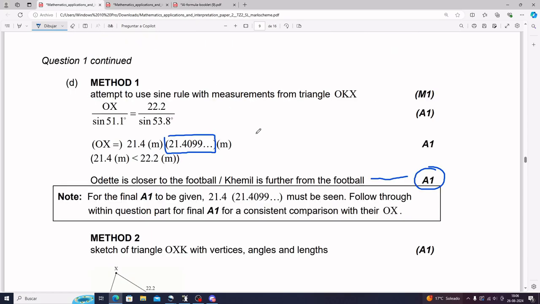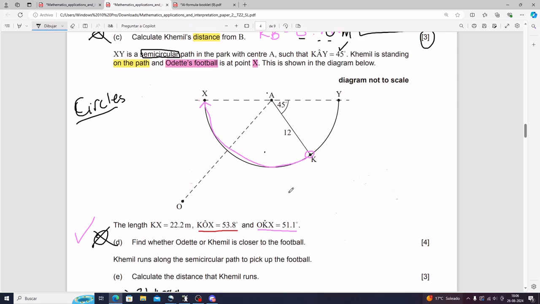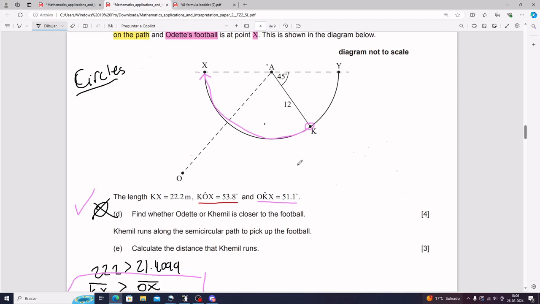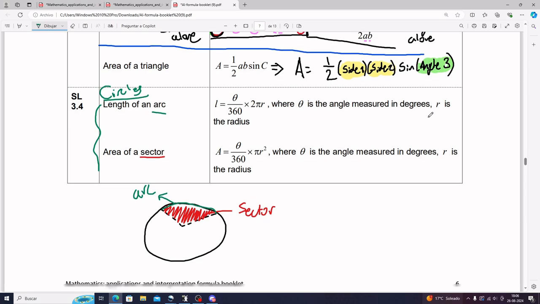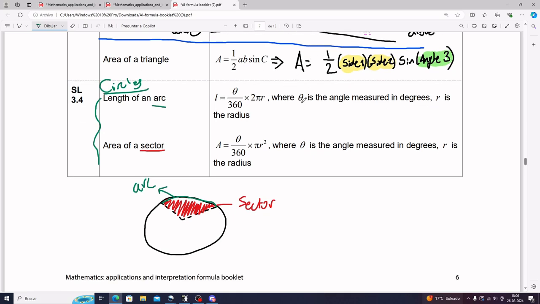Now, in this context, because we're talking about the distance that Khemil is going to run, we will probably end up using the one for length of an arc. Area of sector, probably not, but let's keep it in mind. It's there, it does exist. Now for using either of these, all you really need is the angle for your arc. So if this arc in green, that means you need this angle there.